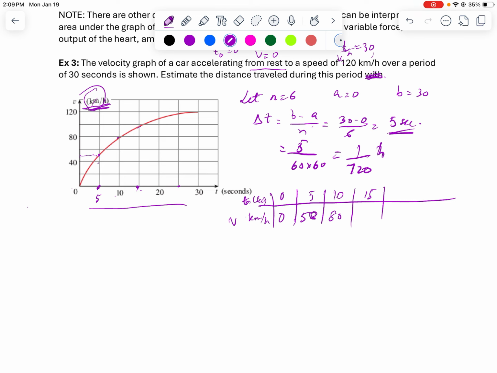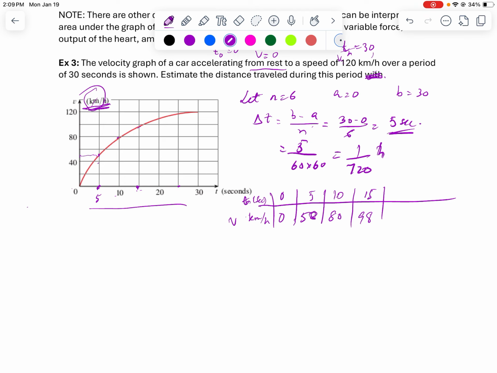So I say 98. At 20, the value is 110 or 105, you can say.